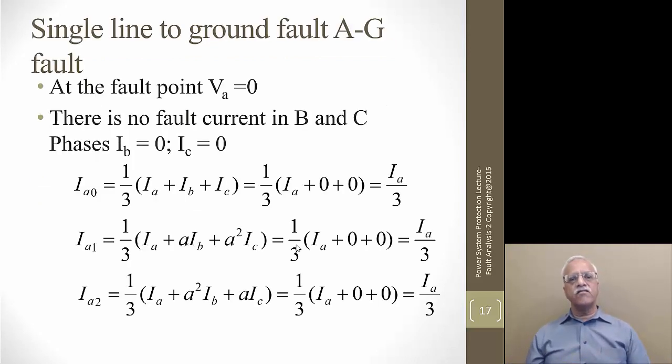So for a single line to ground fault, VA equals zero. So there is no fault current in B and C. If you look at it, you see that the sequence currents IA0, IA1, and IA2, because B and C phase currents are zero, will be equal to 1/3 of the fault current, the phase A current.